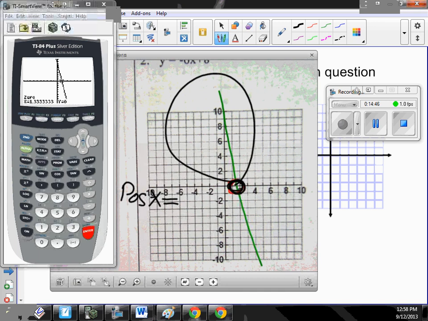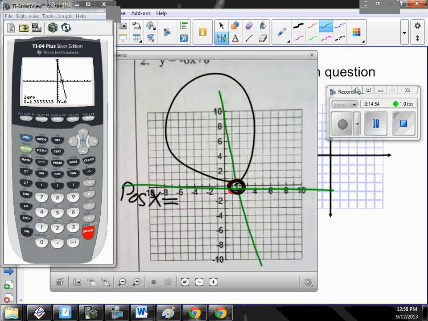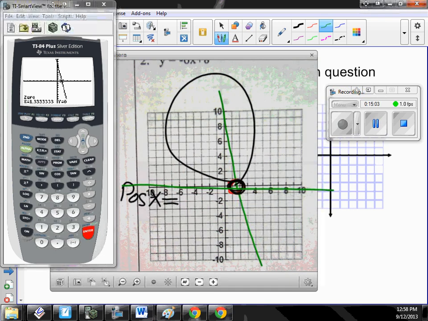So I'm splitting the graph in half. Okay? And I'm just looking at the top half of the graph. Does the top half of the graph occur left of 1.3 or right of 1.3? To the left. So everything from here over is an x that gives me a positive y.